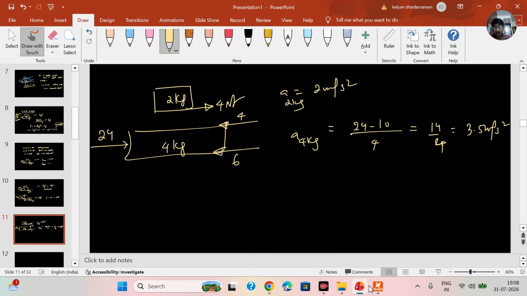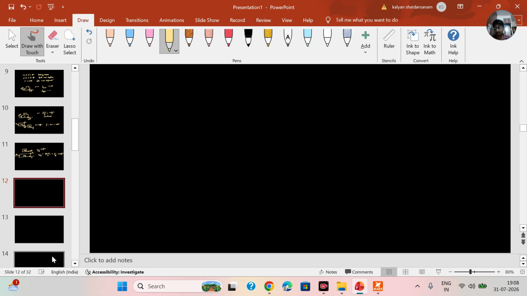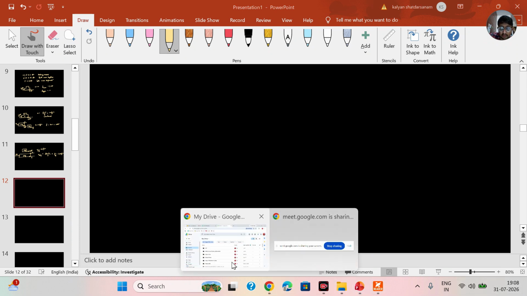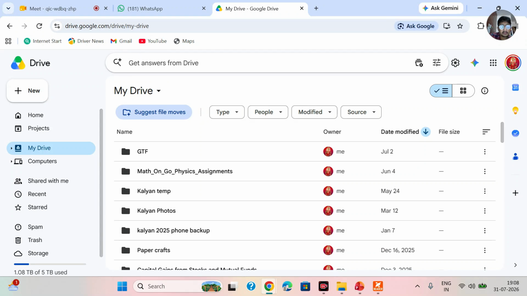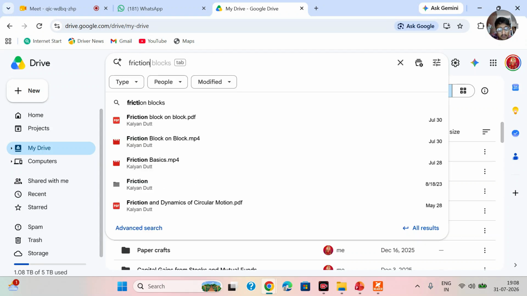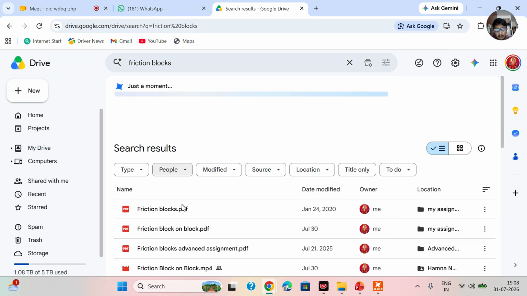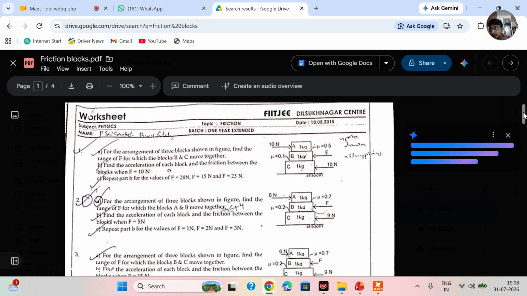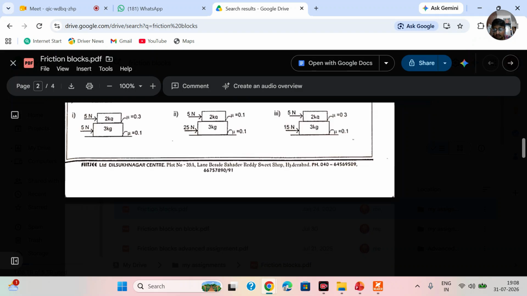Now, two block systems have not ended. Let's try one more question in two block system. One very interesting, tricky question. Then we'll go to three block. It's a very complex assignment.